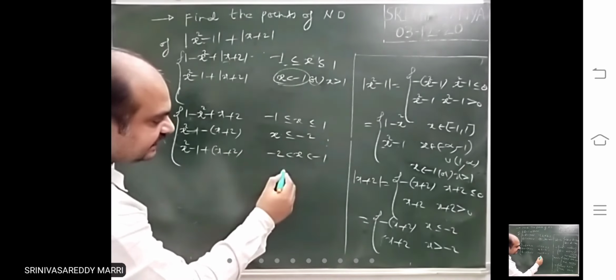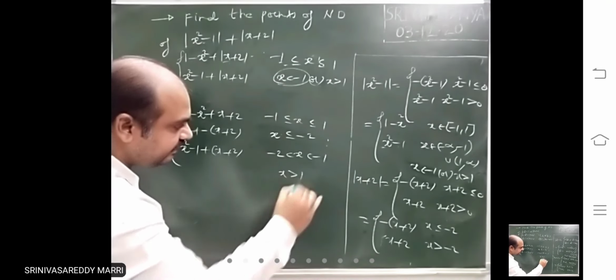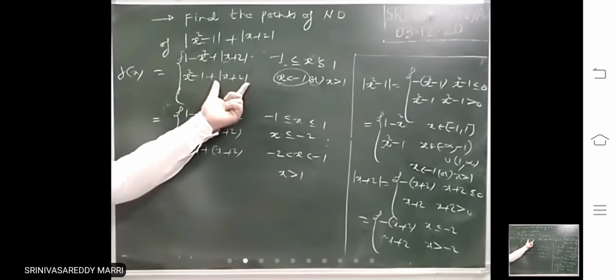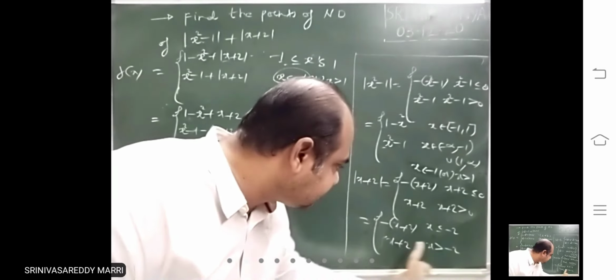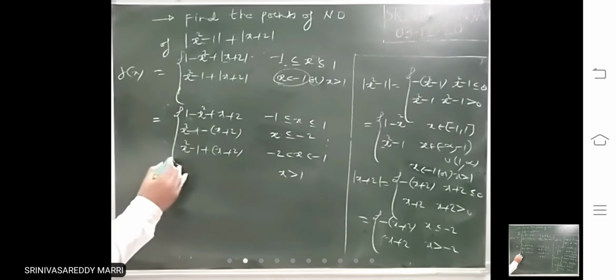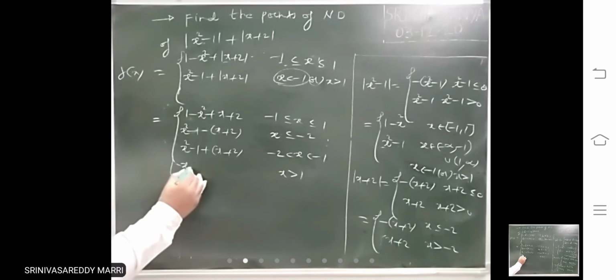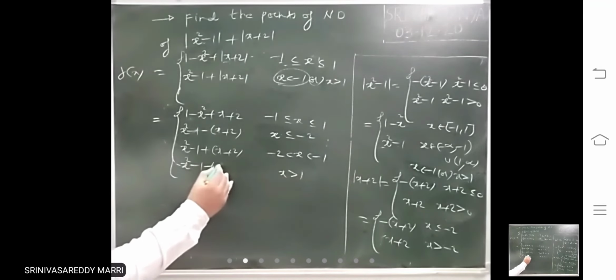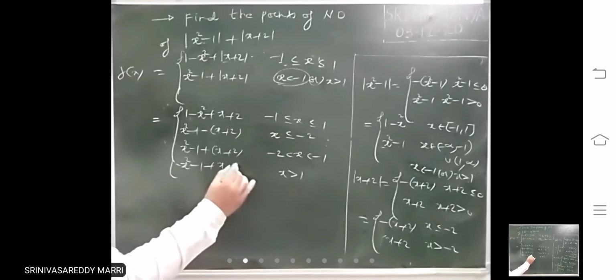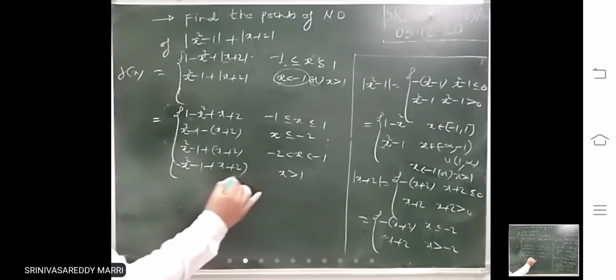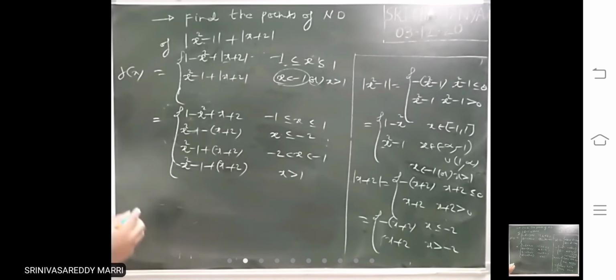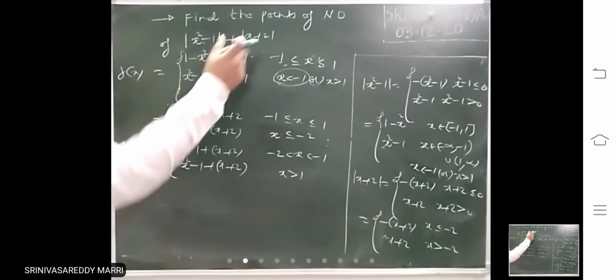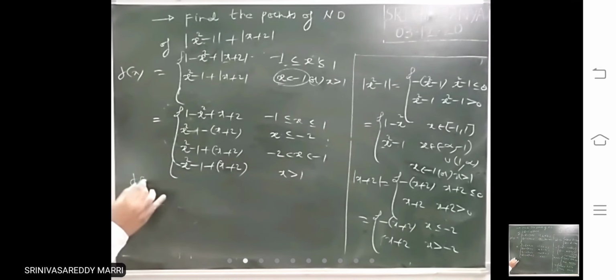Then x greater than 1. x greater than 1 means modulus x plus 2 is nothing but the same thing, x plus 2. This is the complete definition after opening the modulus.